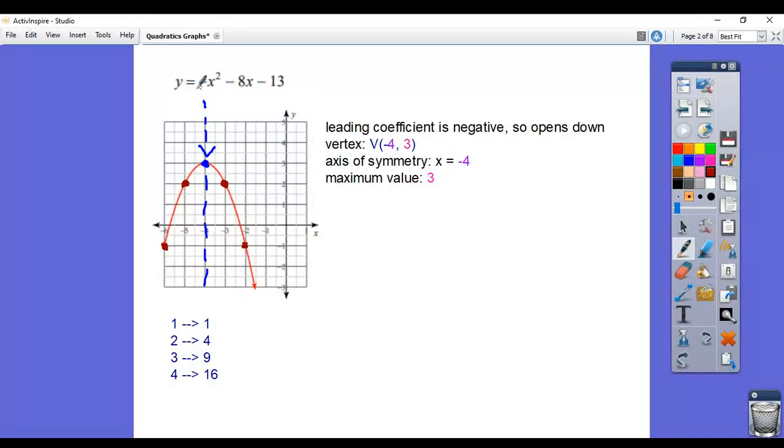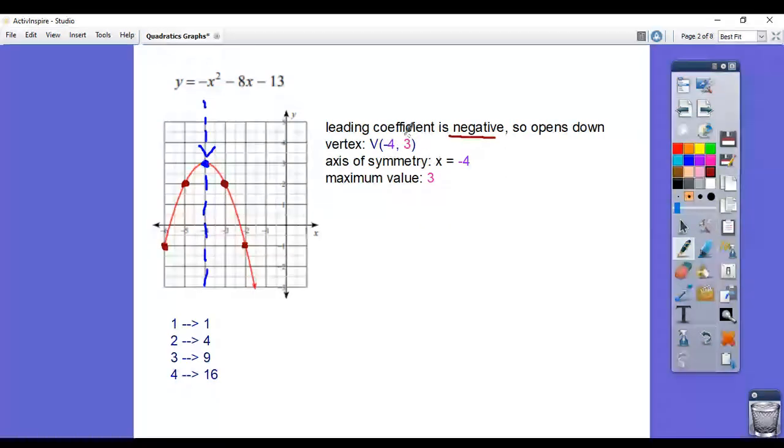Now I have y equals -x squared minus 8x minus 13. So here's the graph, and doggone it if this one isn't opening down. The reason it's opening down is because the leading coefficient is negative. My vertex is (-4, 3), which is told to me right here.